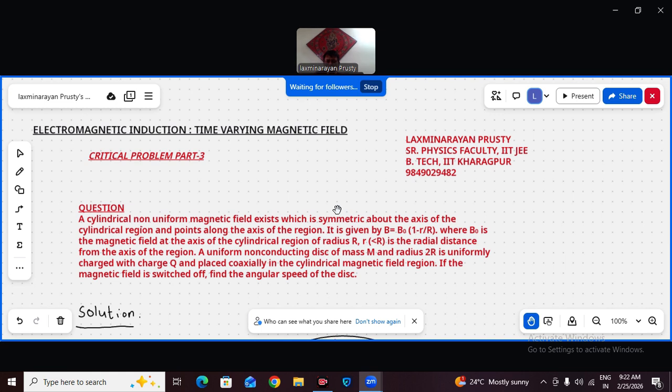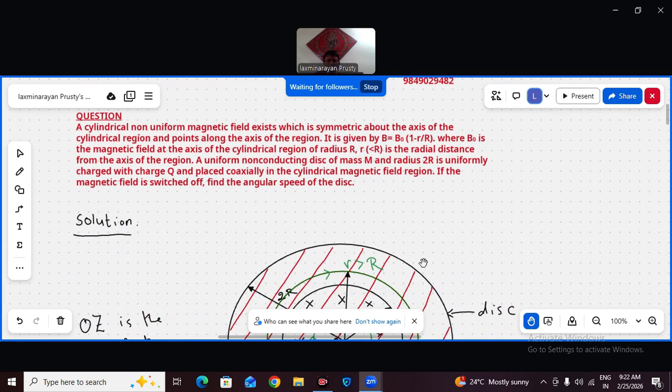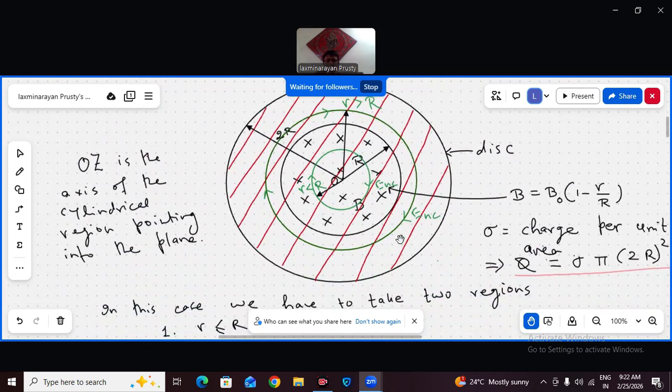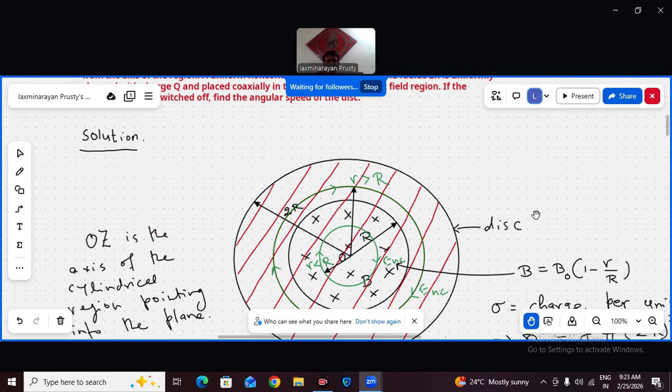But this is a situation which I am discussing which is more general in nature. The magnetic field is not uniform over the area, but it is symmetrical about the axis of the cylindrical region. From 0 to R, within this cylindrical region, the symmetric B exists.